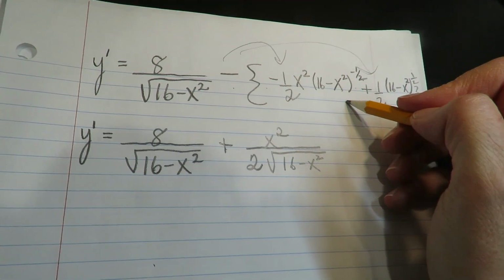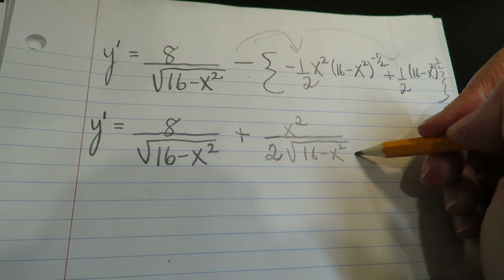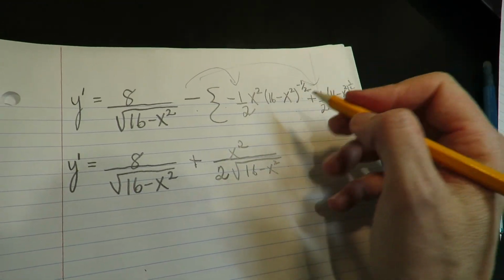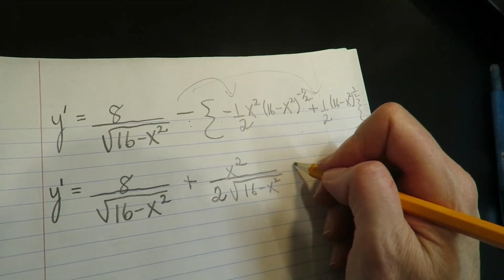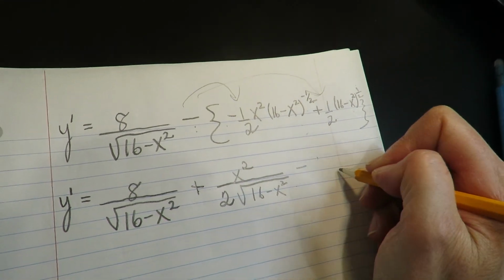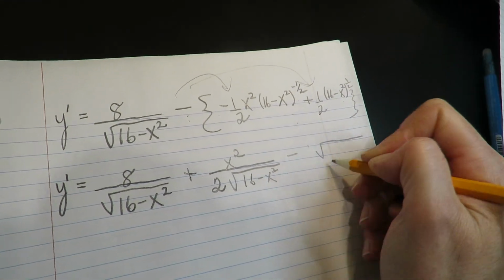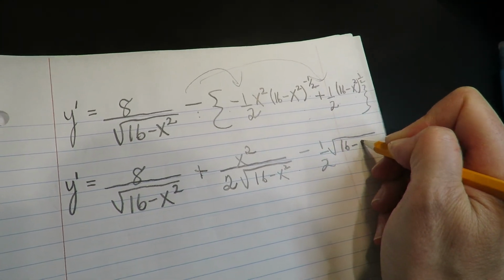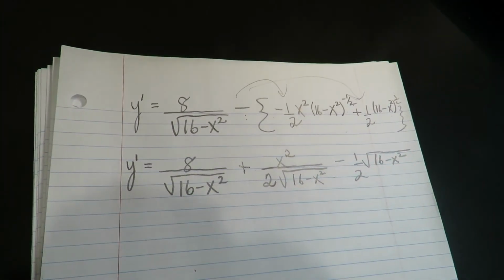Okay, so I'm flipping it down and then I'm converting it to its radical because it's just a little easier for us to see the pattern. And then over here, this guy's positive, but I'm multiplying by negatives. This is negative 1/2. That 2 is going to be in the bottom. Square root 1/2 16 minus x squared.